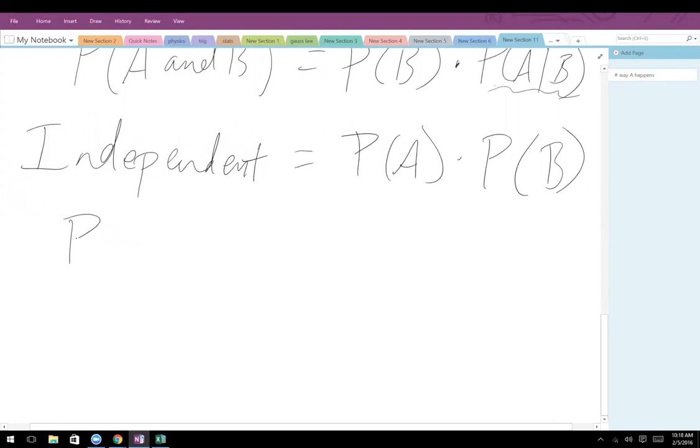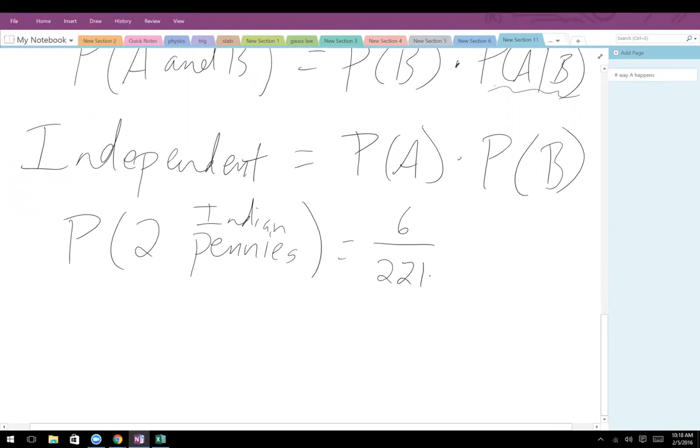So if I want the probability of 2 Indian pennies, the probability of the first one's an Indian penny is 6 in 221. The probability of the second one's an Indian penny is 6 in 221. So just multiply them together.